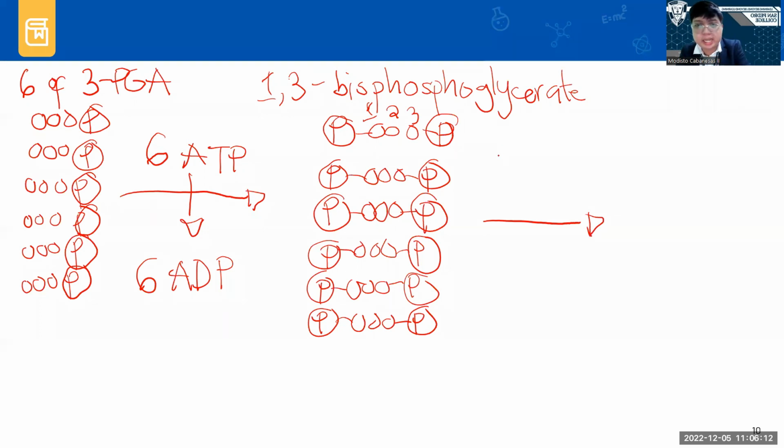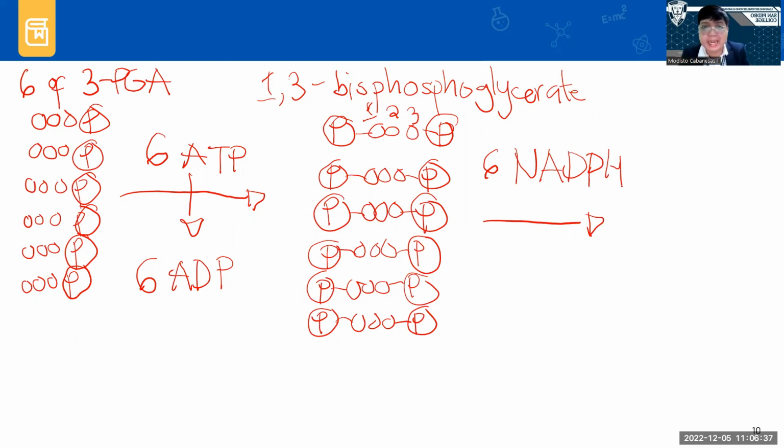So we also need 6 molecules of NADPH. So what will happen to this? Yung isang phosphate that we added a while ago, kay 3-PGA, we will get that again. Parang tatanggalin natin siya and we will add hydrogen.